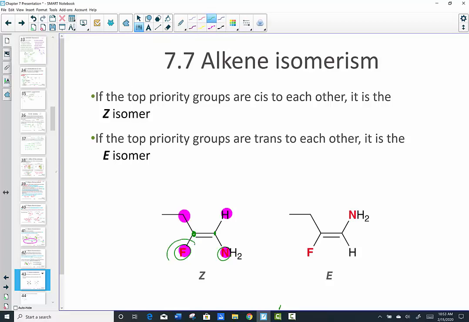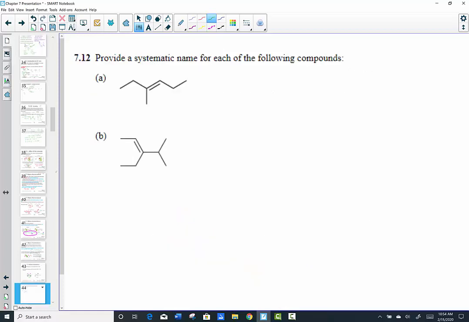And since we have higher priority on the same side of the pi bond, think of that as the Z configuration. Here is the planar area of the pi bond, and now they're on opposite sides. That's the E configuration. A nice review there from stereochemistry.